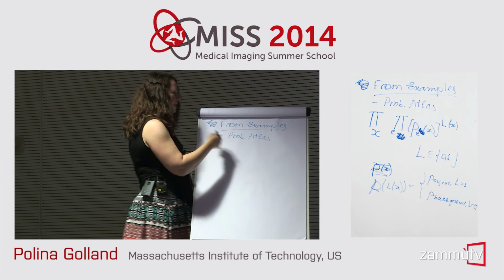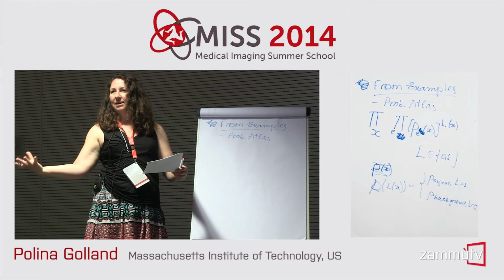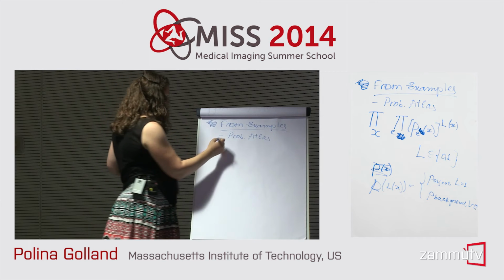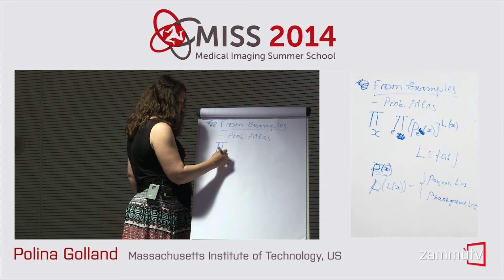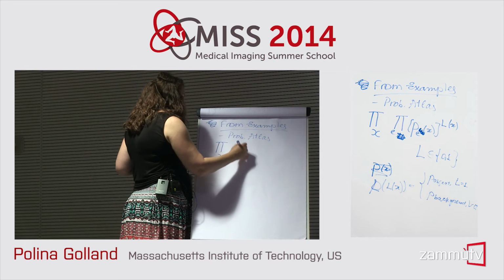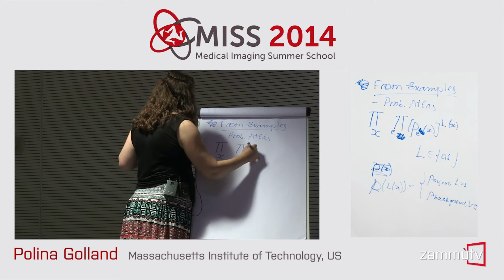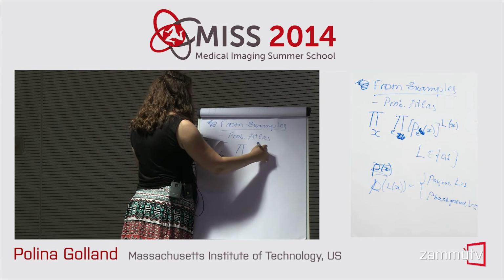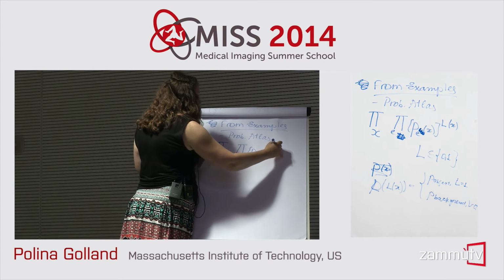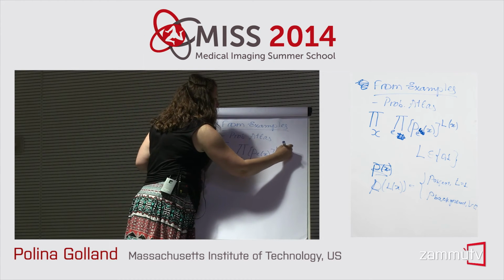Okay, and so once I have that atlas, I can evaluate how likely my segmentation is relative to the atlas. The way it's typically done is I'm going to write product over all pixels, product over all labels, probability of that label at that pixel to the power of what your label assignment is.